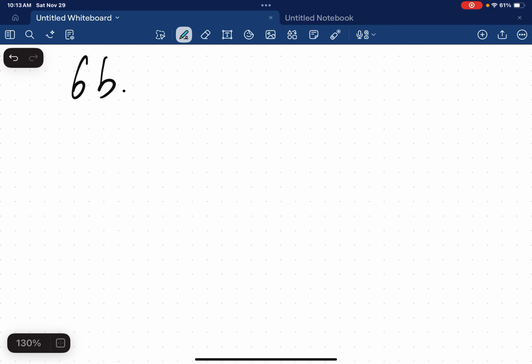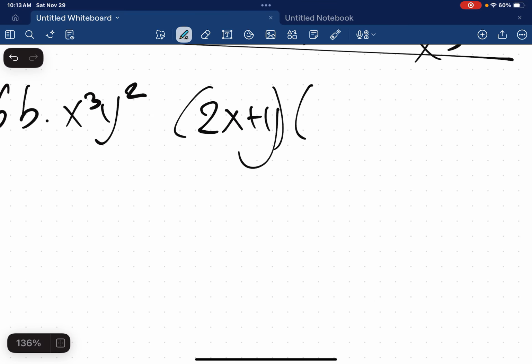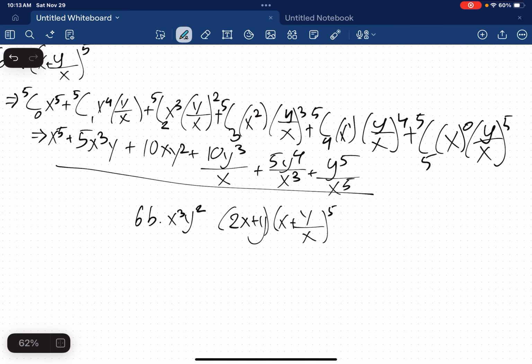6B. Find the coefficient of x cubed y squared in the expansion of 2x plus y, x plus y divided by x to the fifth, I think. Oh geez, they always make these hard to see. Okay.